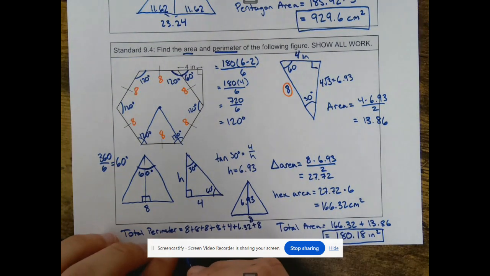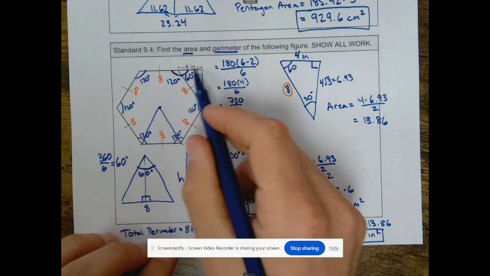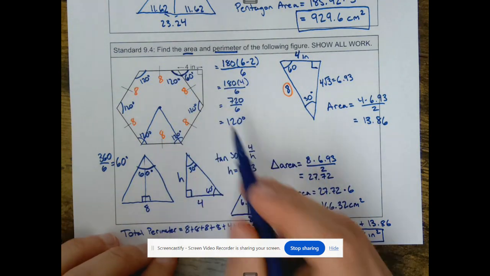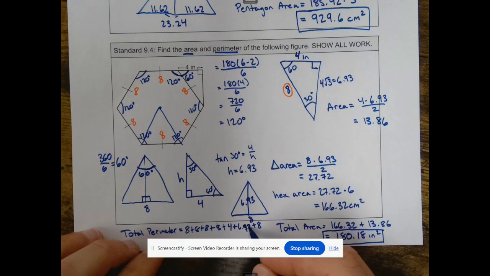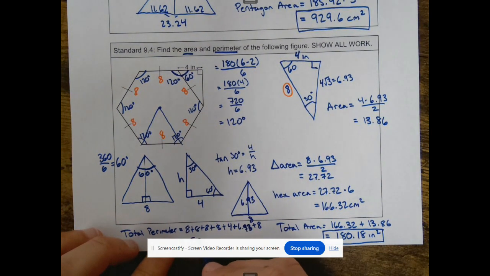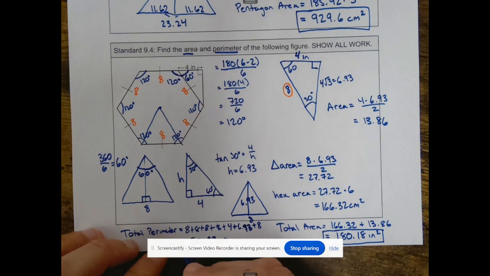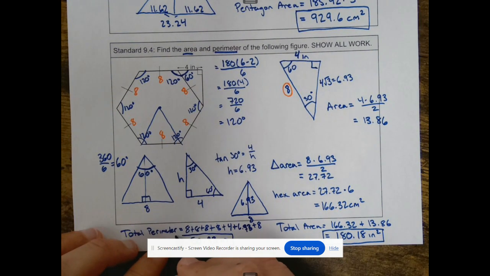So there are 5 sides of length 8, plus this 4, plus 4 times the square root of 3. Add them all together: 8 plus 8 plus 8 plus 8 plus 8 plus 4 plus 6.93 should get you 50.93 inches. There's the perimeter. There's the area.